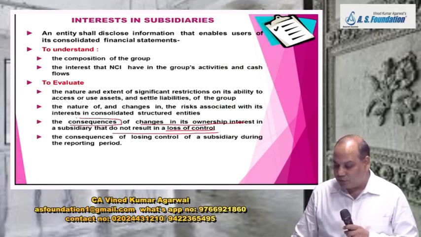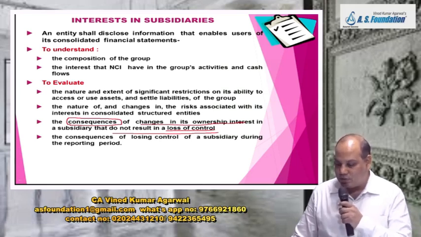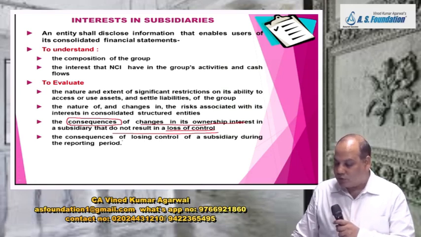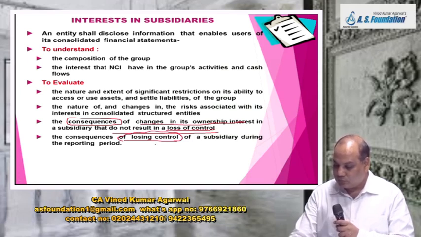What is the effect of that? You can just say that our stake has reduced, NCI stake has increased. And then the consequence of losing control of a subsidiary during the period. Here you have to disclose how much was your profit or loss, basically, on the disposal of the subsidiary.